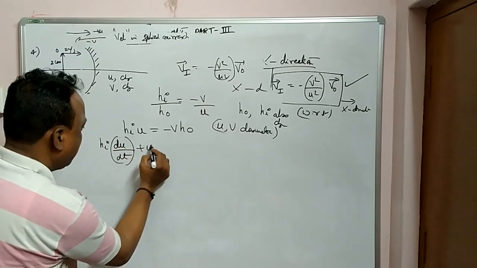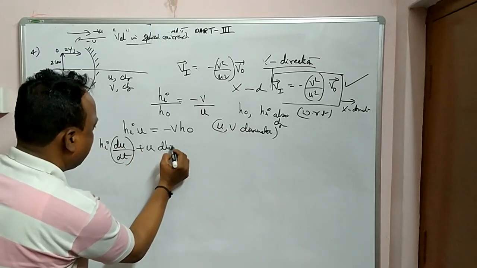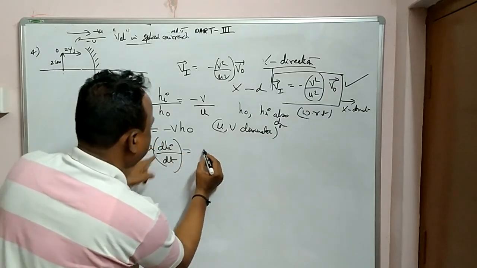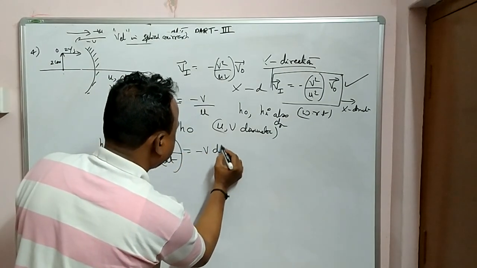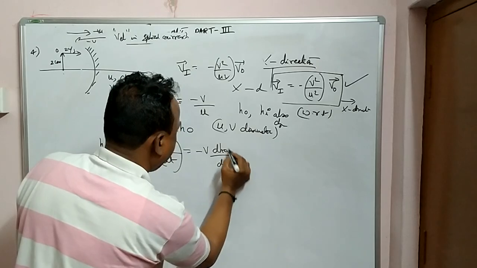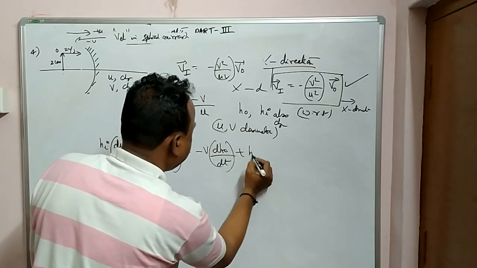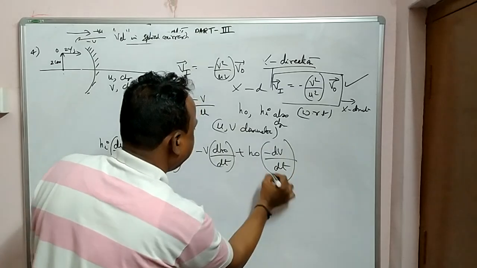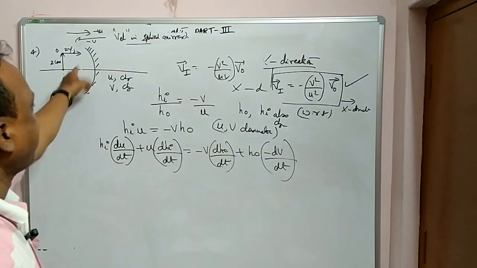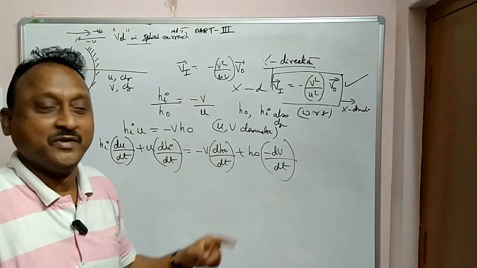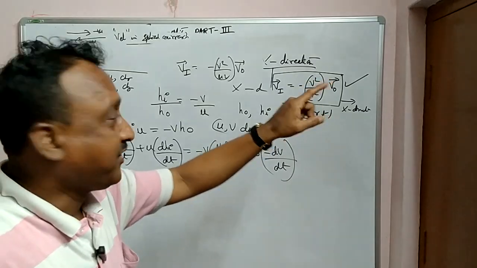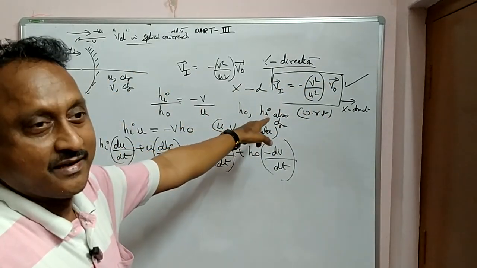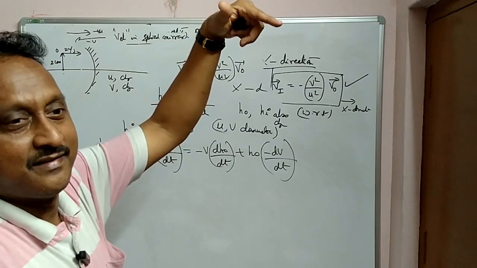In the same way on the right side, minus v times the derivative of the second one, dH0 by dt, plus H0 into minus dv by dt. This is the function you have to obtain for the fourth case, because here H0, the height of the object, and the height of the image both change, since it is moving at a certain height.